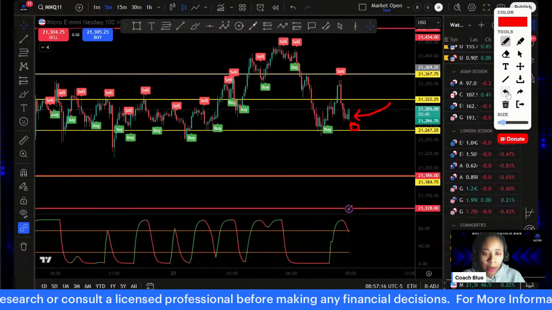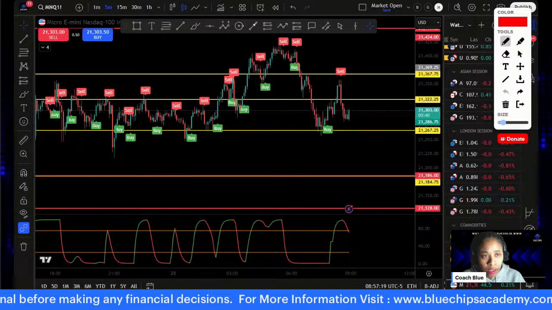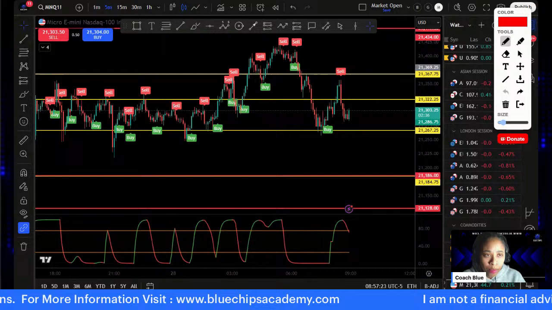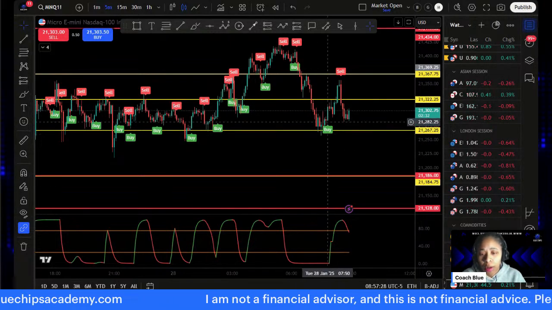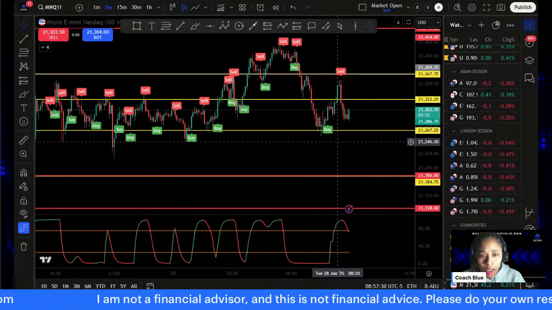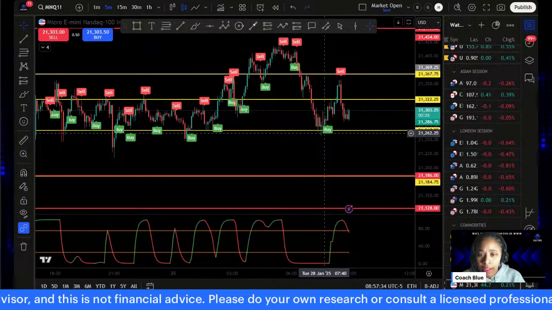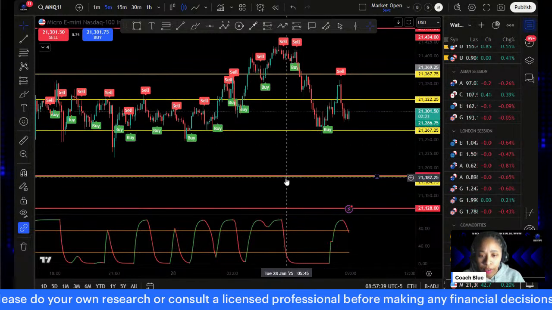Now let's look at our support and resistance levels, and then we're going to talk about risk to reward while we're waiting. I'll use these two lines here as our support and resistance.